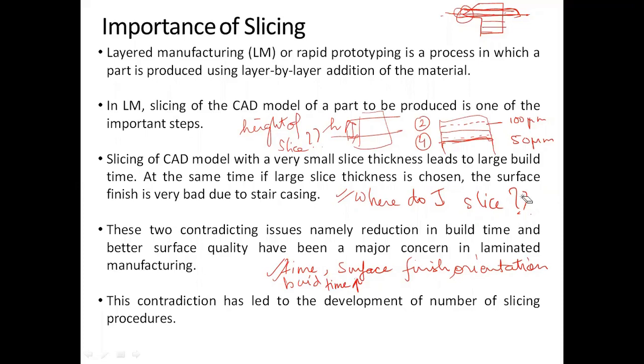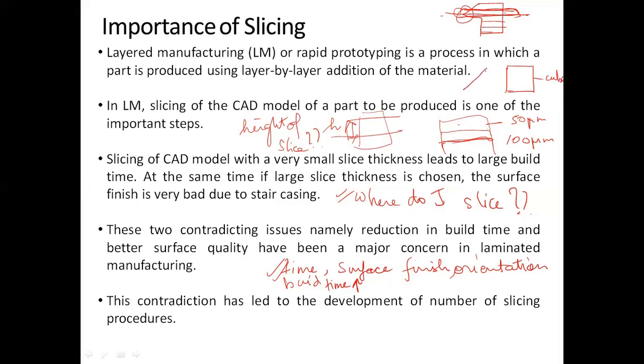Now on the contrary, let's assume that this part has a slice of 50 micron. And now what I want to do is create a part with 100 micron. If I'm making a part which is like a cube, to be very precise, it will have no effect.